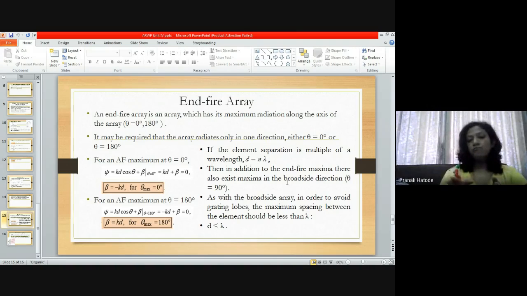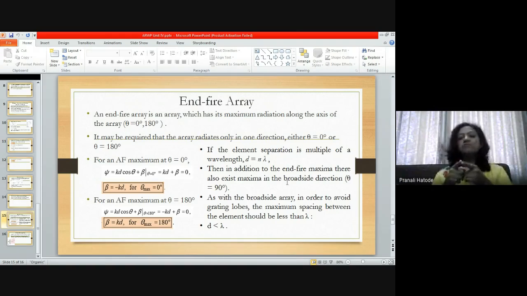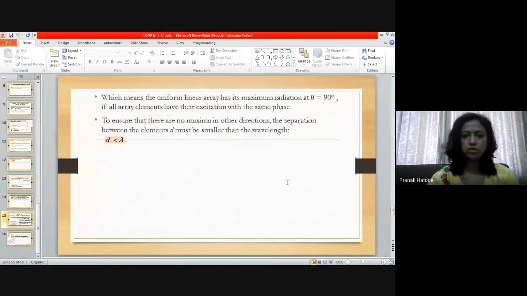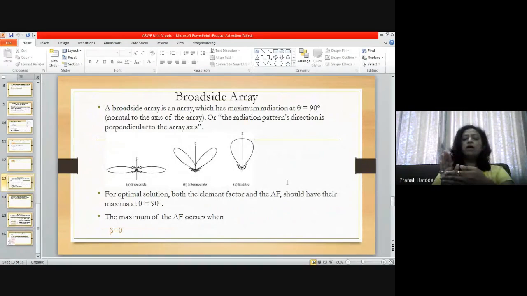In addition to the end fire, the maxima also appear in the broadside direction. You can visualize this by superimposing figure A and figure C upon each other.